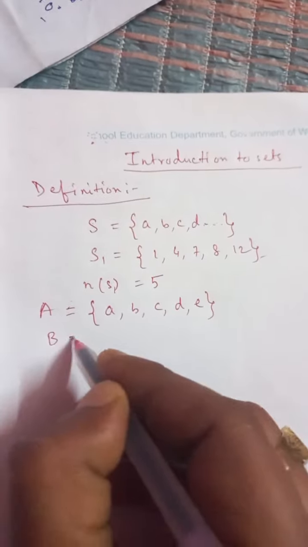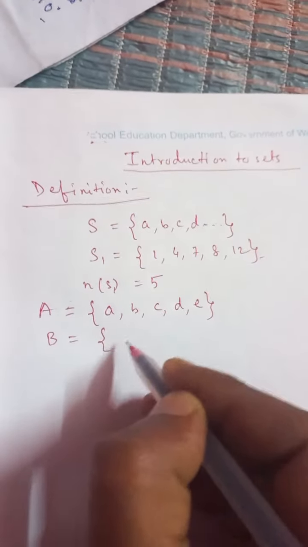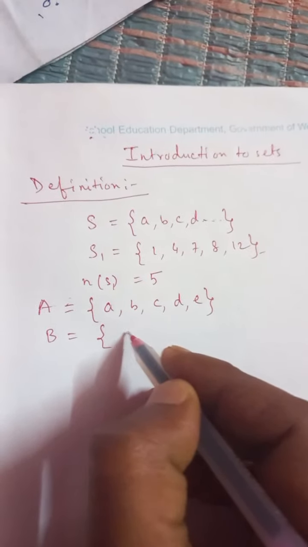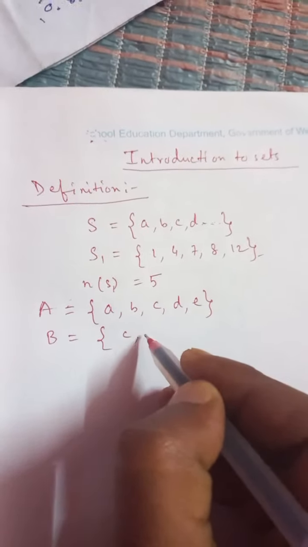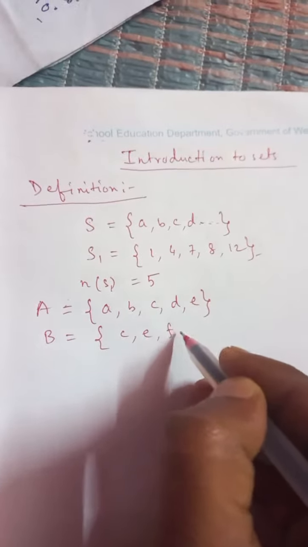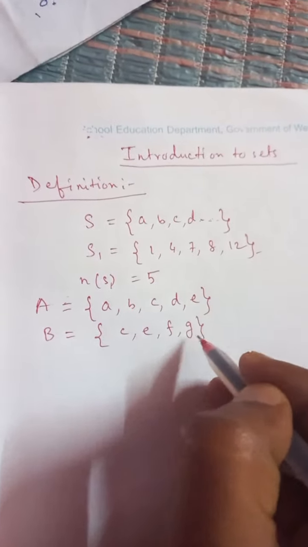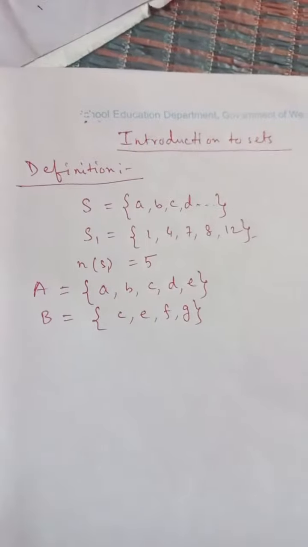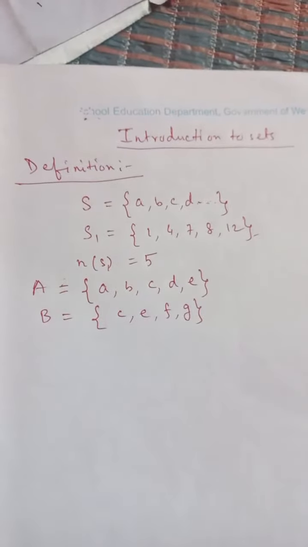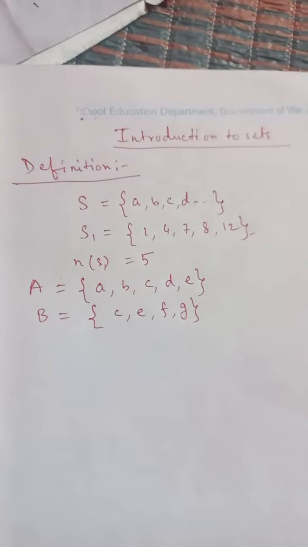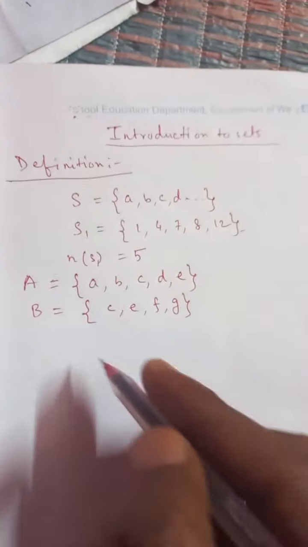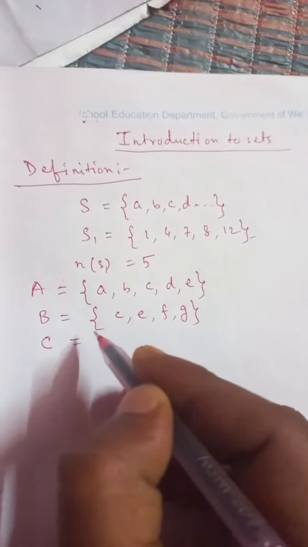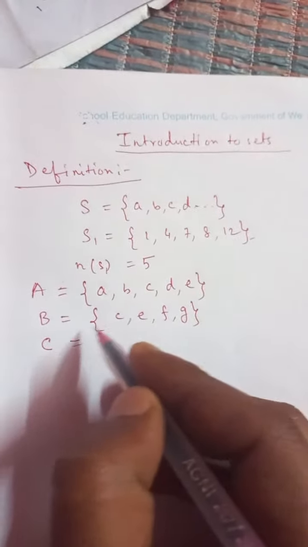In the set B, I am taking C, E, F, G. 4 elements I have taken in the set B. And now I am taking another set just to define more briefly and in a good way.